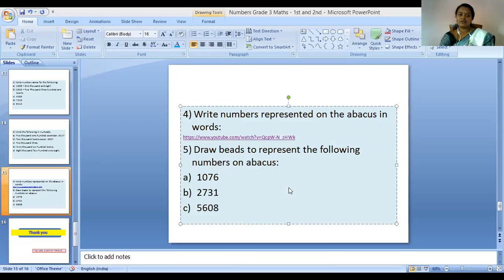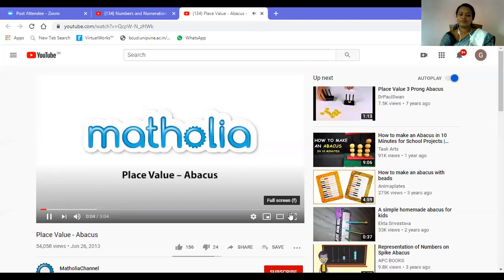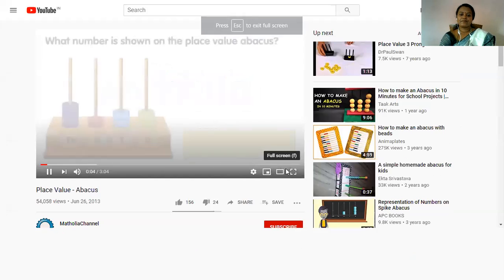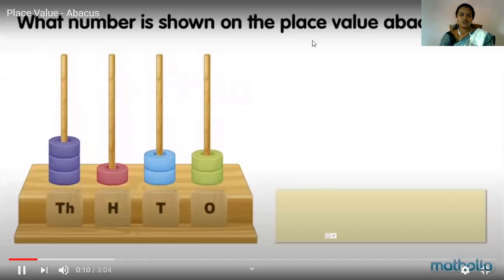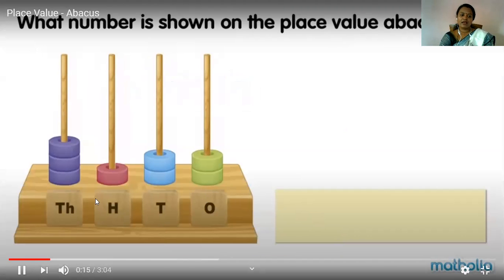So before going to this, I will take you to the video of the abacus. So here we have, what number is shown on the place value abacus? Yes, we have the beads, we have to find the values.